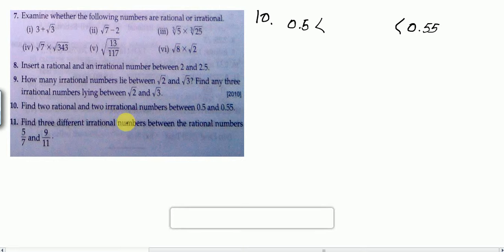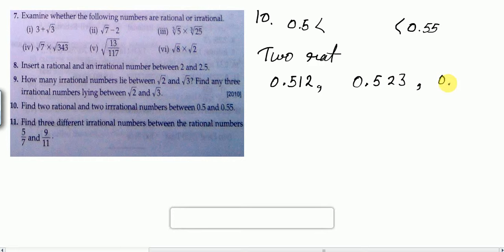So the two rational numbers are 0.512, and second is 0.523, and 0.534. We can take any value, and this is terminating, and a terminating number is a rational number.